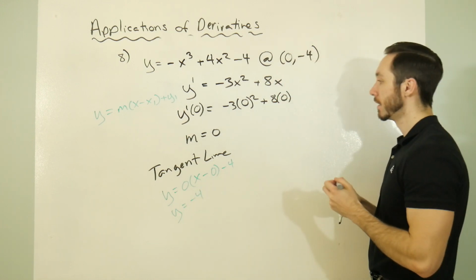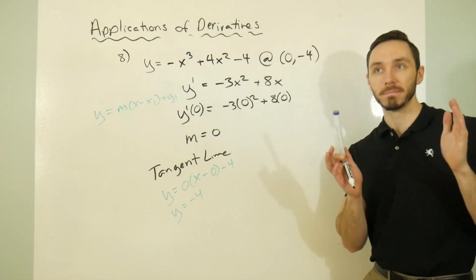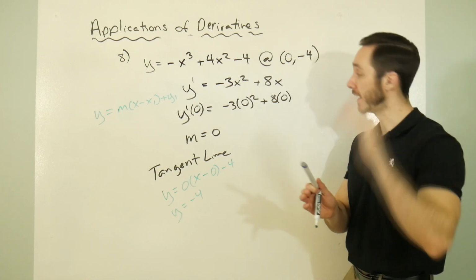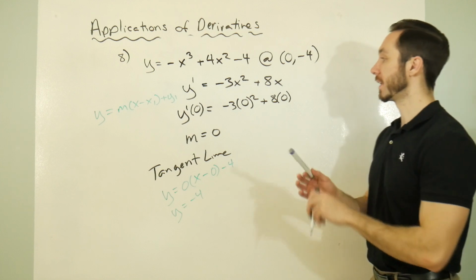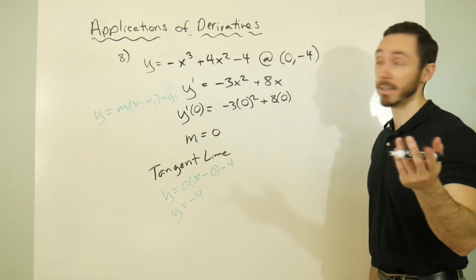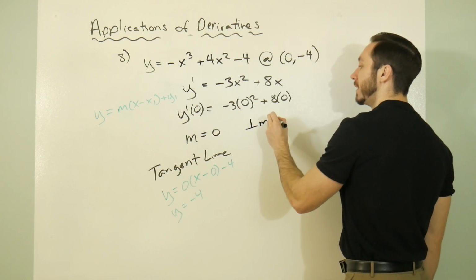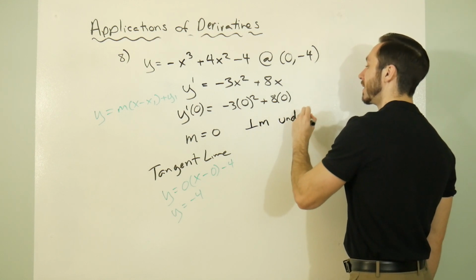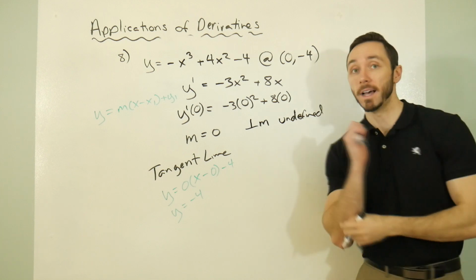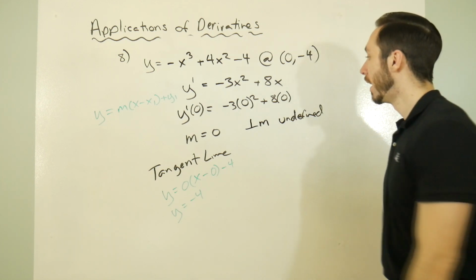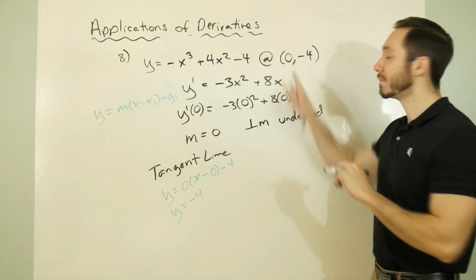That's all that is. So what is perpendicular to a horizontal line? A vertical line. The slope for something like this would be infinite. It would be undefined. So the perpendicular slope here would be undefined. If you're dealing with a line that has an undefined slope, that's written as x is equal to whatever the x value may be, in which case it's 0.